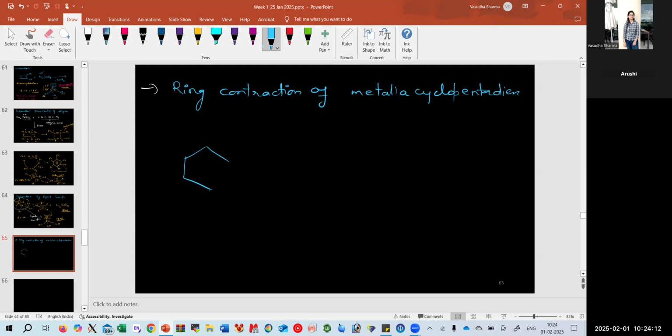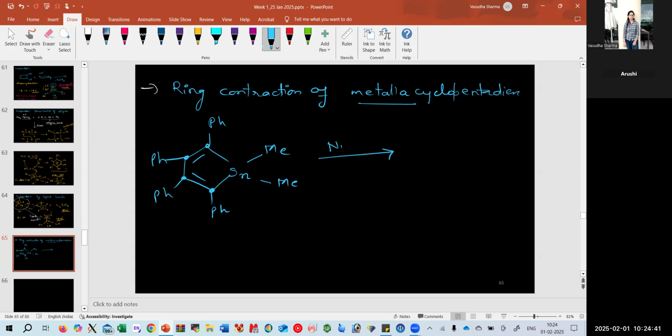Cyclopentadiene means a cyclic ring should be there. Penta meaning 5: 1, 2, 3, 4, and the fifth center, which is the metal. That's why it is a metallacyclopentadiene. So we'll make the double bonds here, and if it is having a substitution, we'll give a substitution here. So it's having a substitution of Ph, and tin is having methyl substitution.